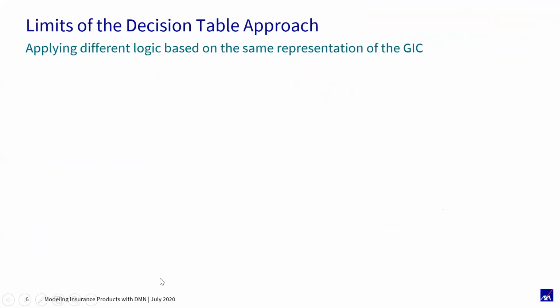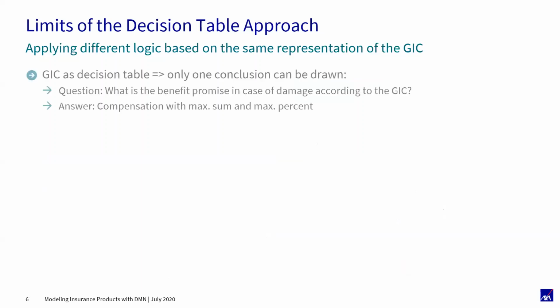So a decision table containing terms and conditions works fine, but is limited to only answering one question. In this case, the question: what is the benefit promise in a given case of damage? The written insurance terms and conditions are already being used for a wide range of use cases today.